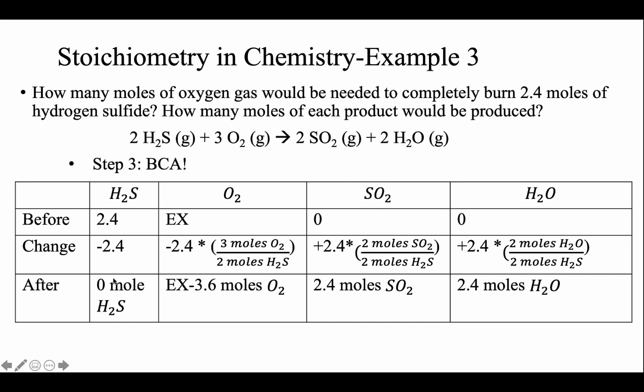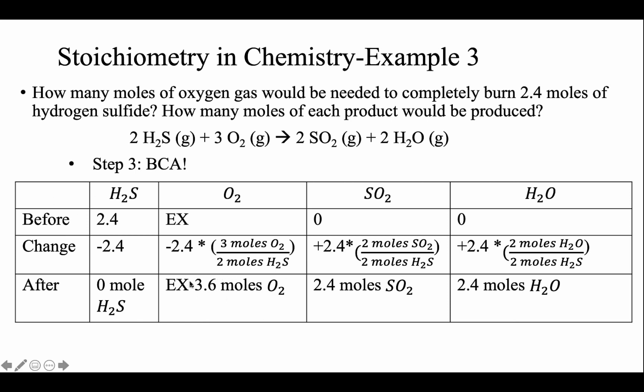So afterwards, what we're going to do here again is to add up the before and change columns. So I have 0 moles of H2S left in the reaction. And again, because we don't know what the original amount of oxygen is, that's not really a concern here. All we want to know is how many moles of oxygen gas we need to completely consume 2.4 moles of H2S.